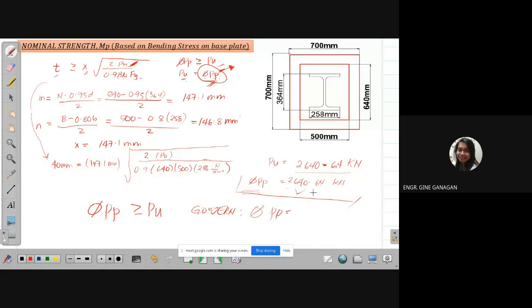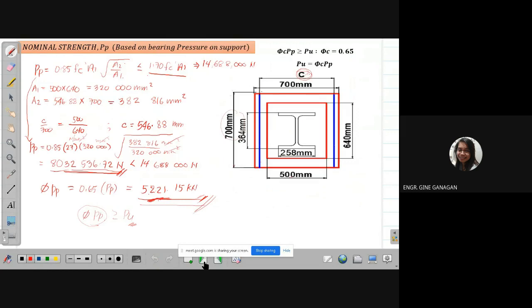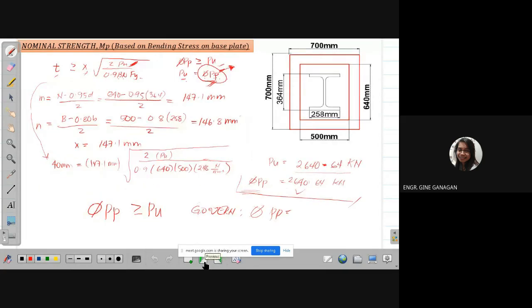So that is based on bending stress, tapos i-compare natin yung na-solve natin based on the bearing. So ano yung mas maliit, yun yung kukunin natin na governing design strength natin. Kasi pag kinuha natin yung malaki, hindi nga siya mag-fail. Ano bang mas malaki dito?